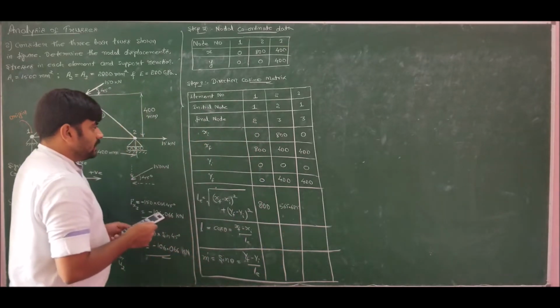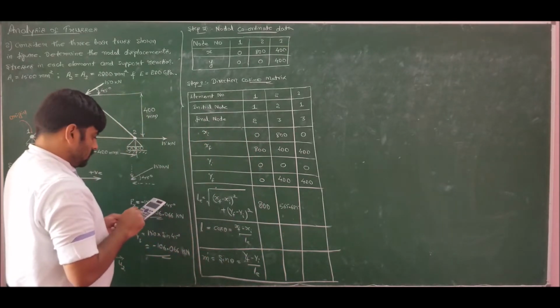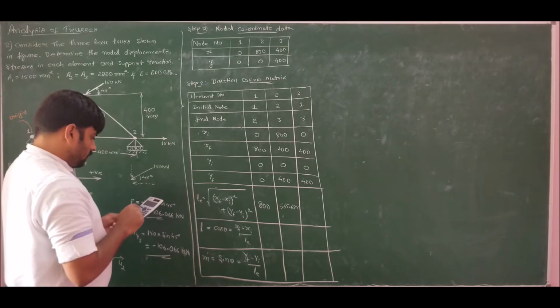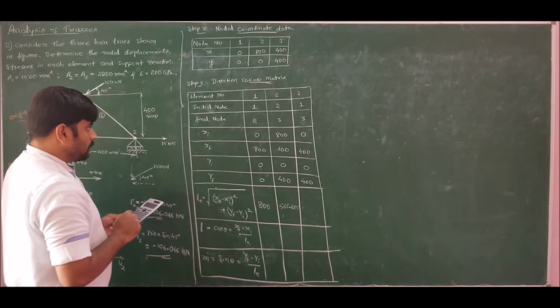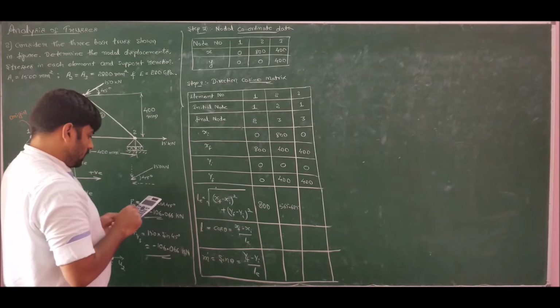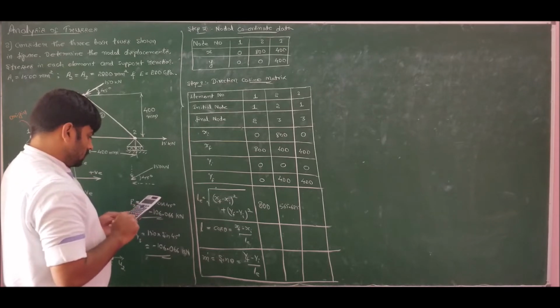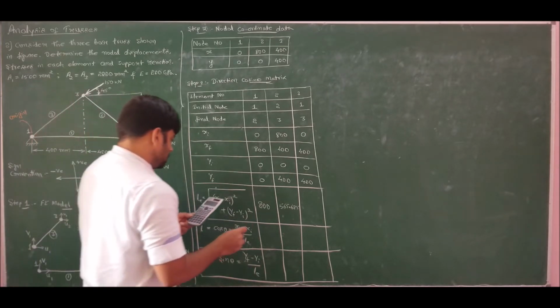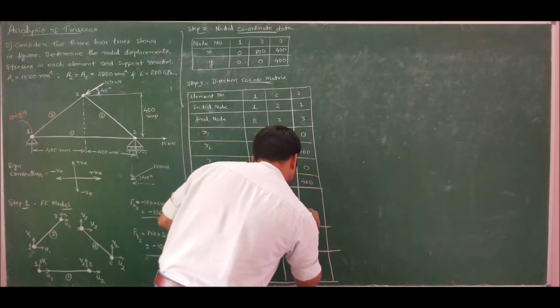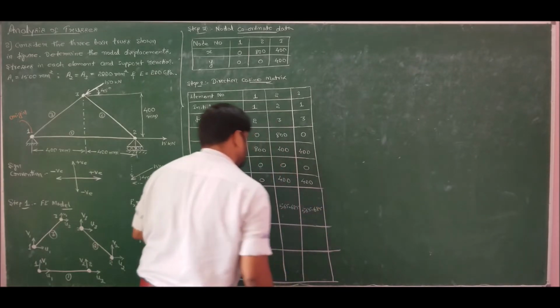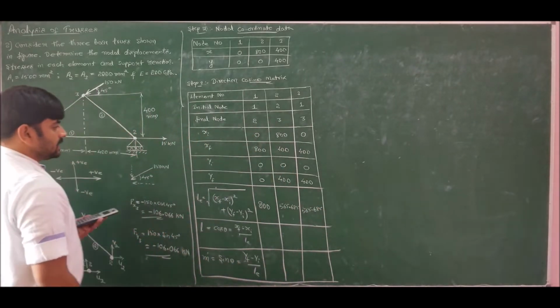Length of element 3 will be root of 400 square plus 400 square, which is 565.685. Length of element 2 and element 3 are same.